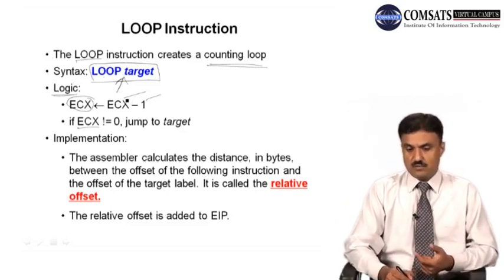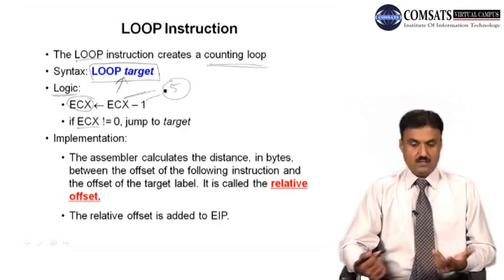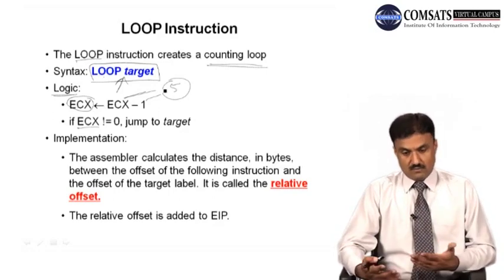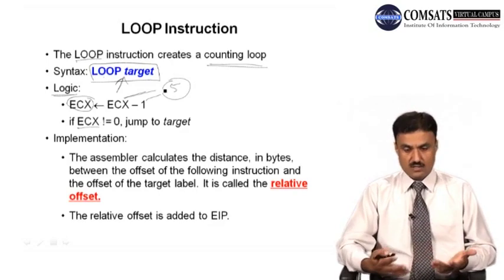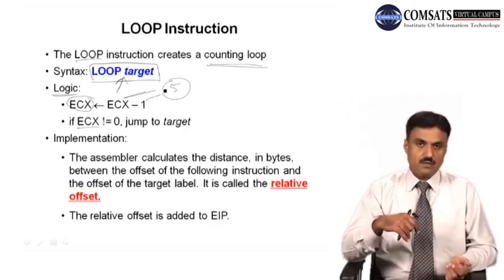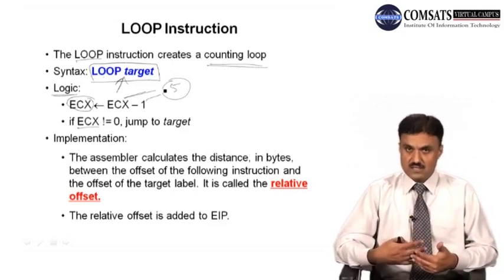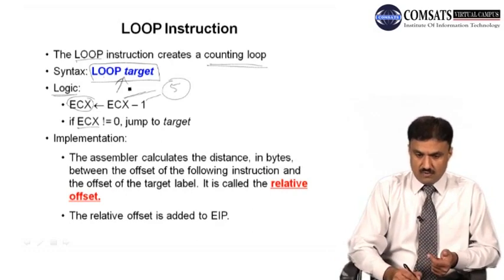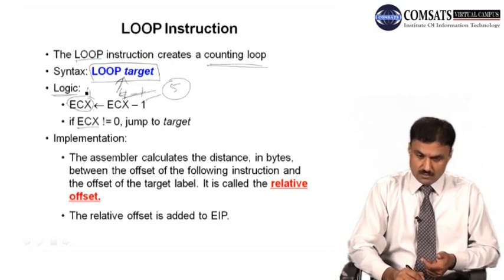For example, if we assign the positive value 5, then 5 minus 1 will be 4, so it will transfer control because 4 is not equal to 0. The next time it comes, it will decrement ECX by 1 again: 4 minus 1 is 3, and so on.